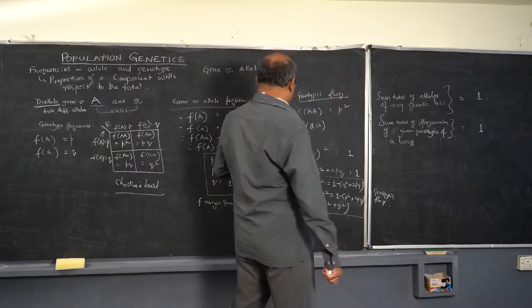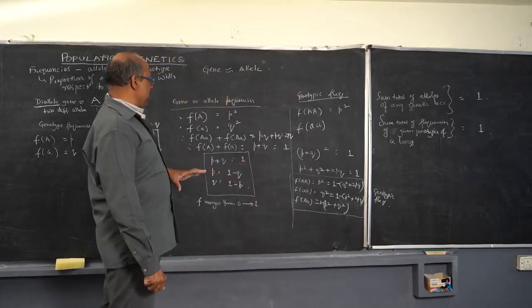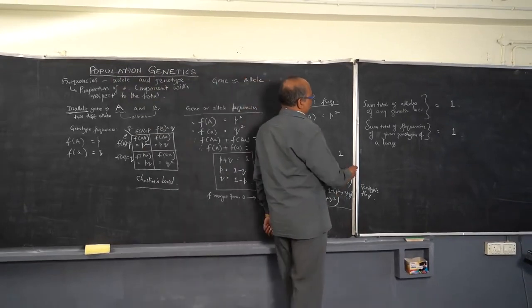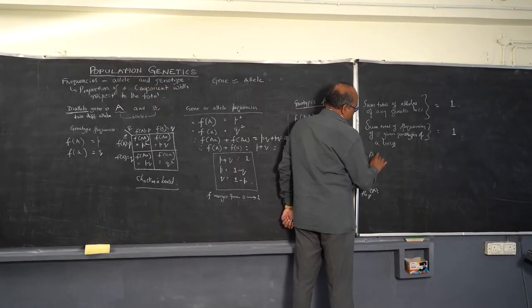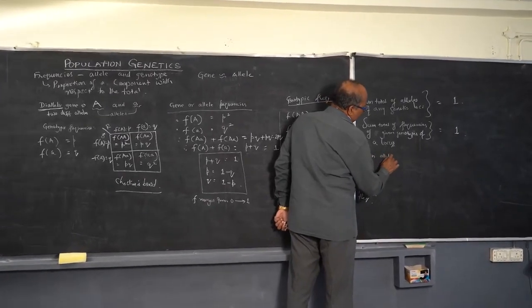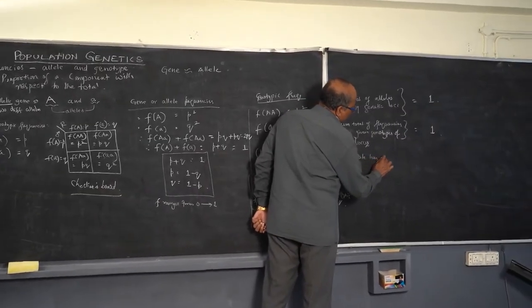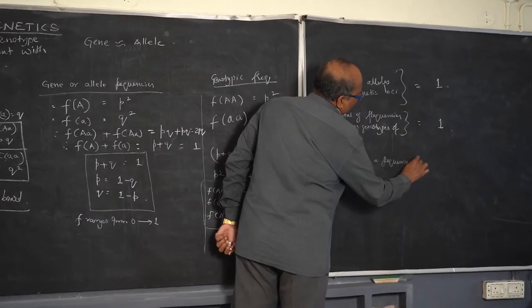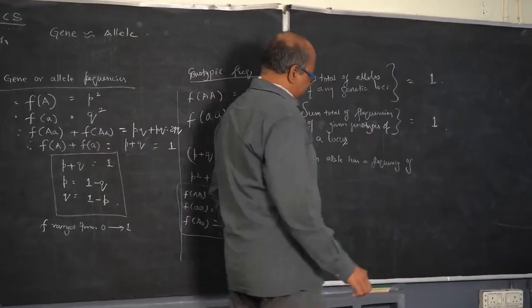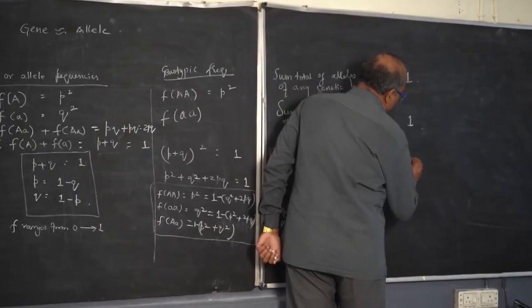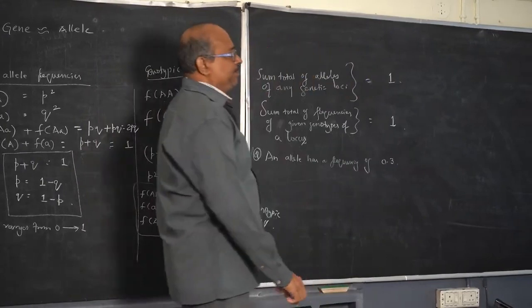So to make this understandable, we consider a case where in a population an allele has a frequency of 0.3.